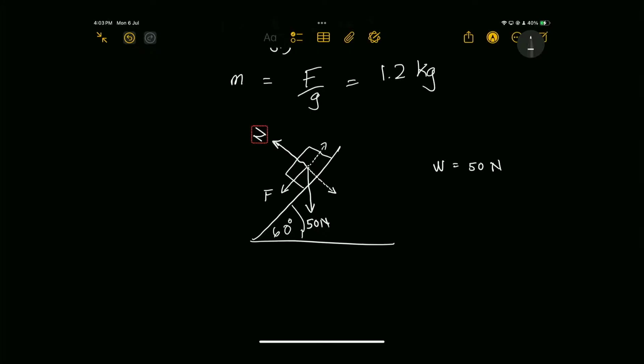Right? So the frictional force would be acting to keep the object in its original position. And F was the component of the weight that causes it to slide down the slope. Now, if we had only drawn N in that direction, then the object would have just moved upwards, right? So the component of the force that is perpendicular to the slope cancels out the normal force. So there is no motion that is perpendicular to the direction of the plane.